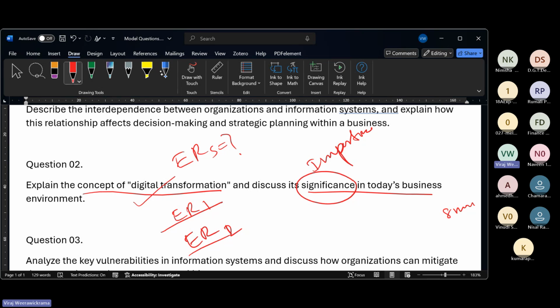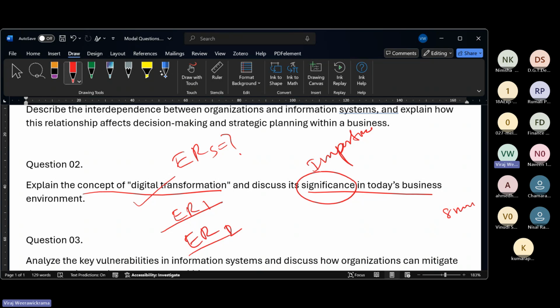Once you adopt digital technologies in the company or the organization, we call it digital transformation. You are going beyond the traditional practices and adopting digital technologies in the business environment. That's what you have to understand as digital transformation.